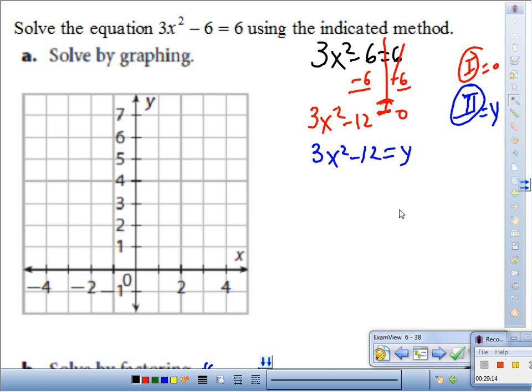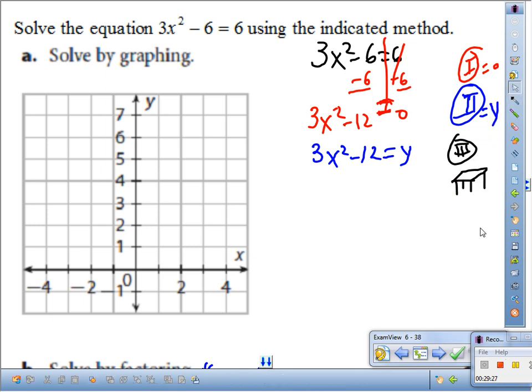And of course, the third most imperative piece for graphing is a table, right? You guys see it?